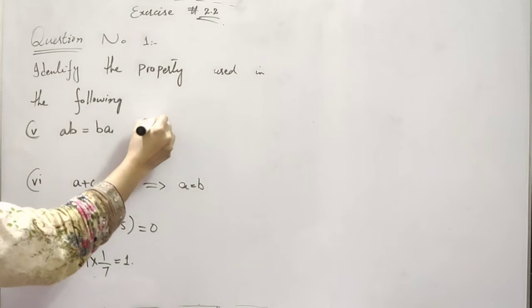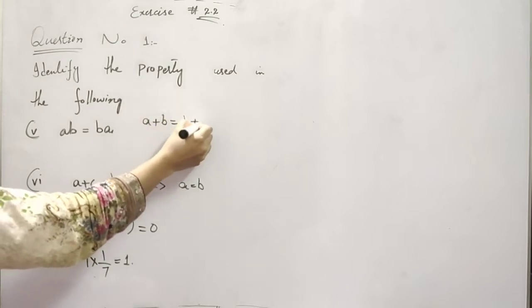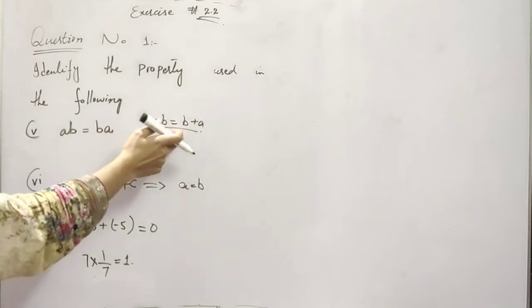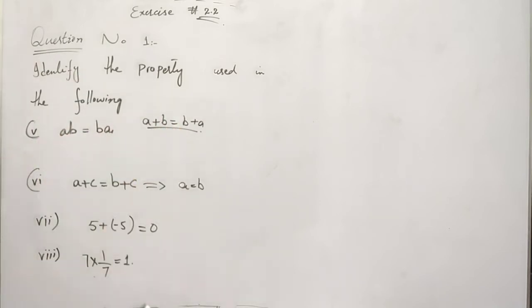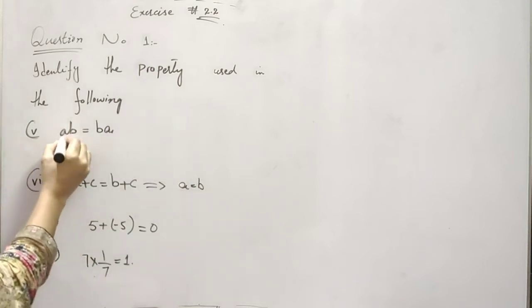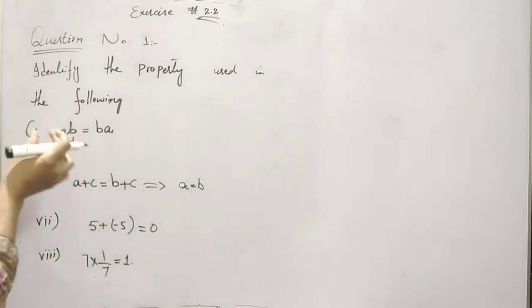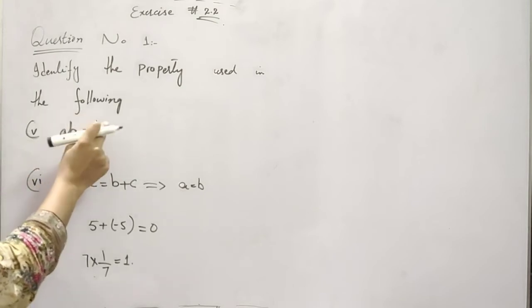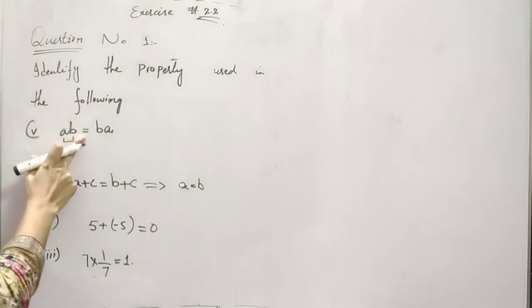The first part was A plus B is equals to B plus A, and that was the commutative property with respect to addition. This is the same property but with respect to multiplication. And what does it say? It says that if we multiply any two numbers, the first number multiplied by the second or the second number multiplied by the first, the answer will be the same.